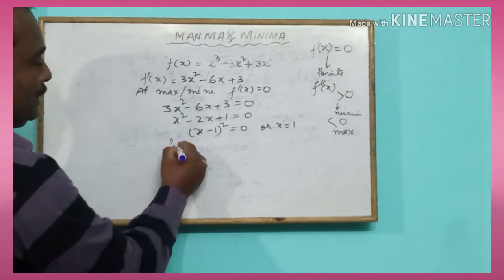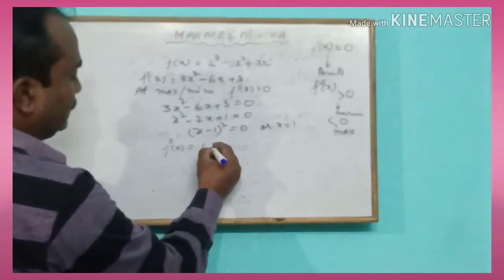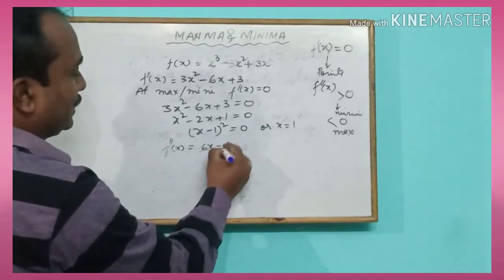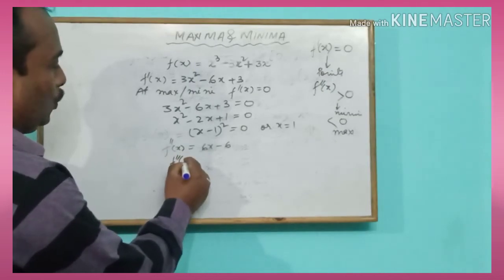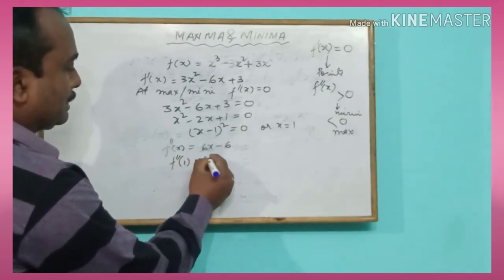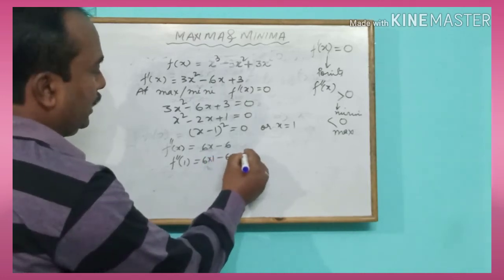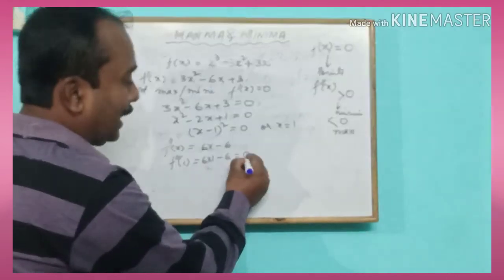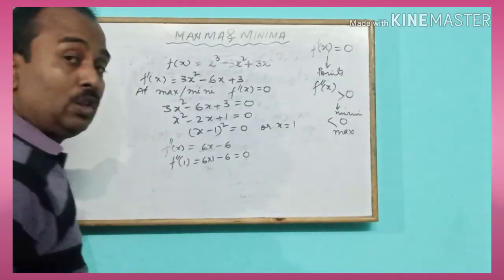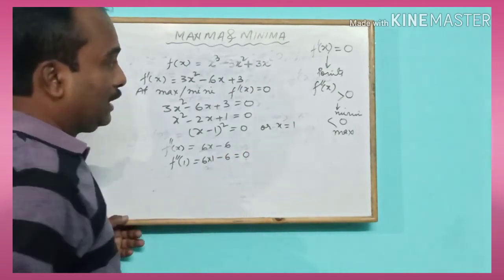f''(x) is 6x minus 6. Now putting 1 here, we will get 6 into 1 minus 6 equals 0. Now 0 is neither positive nor negative. How do I understand then what it is?